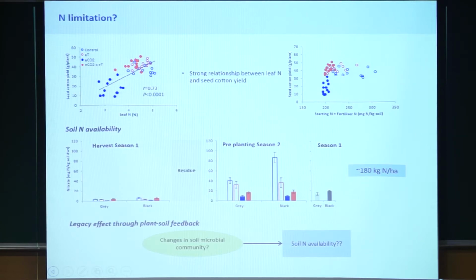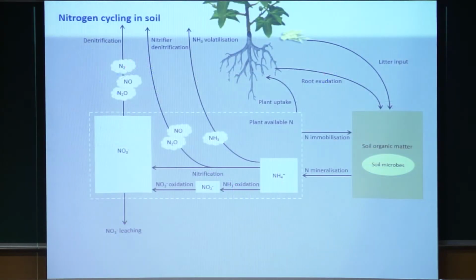Why was the soil nitrate availability different in the second season compared to the first season? And so we looked at the soil microbial community, primarily the functional aspect of the soil microbial community, to try and determine whether that was driving soil nitrogen availability.